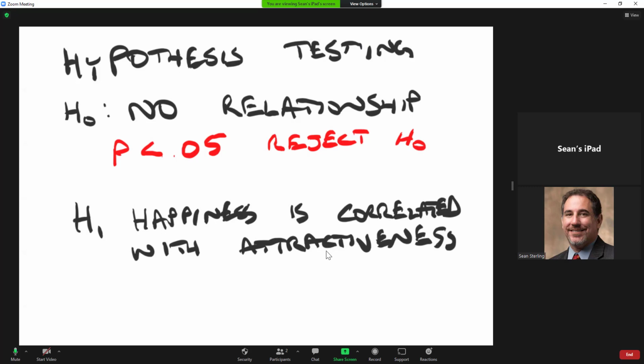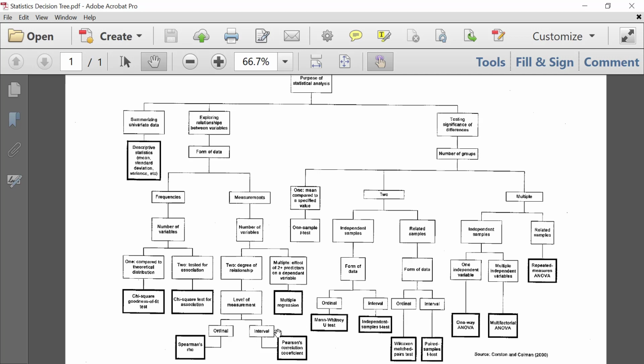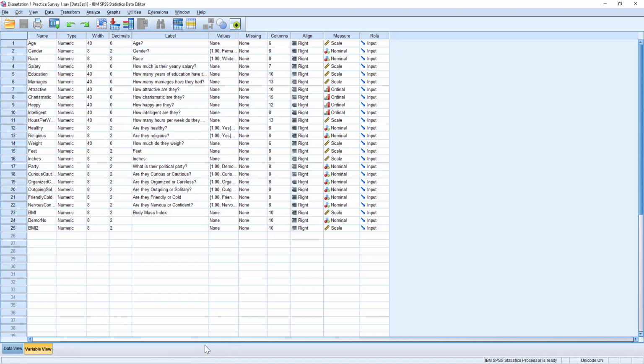Okay, if you understood that, great, and if you didn't, then let's see if it'll sink in on this last one that we're going to do. Now we're going to turn to a Pearson correlation, go back to our data, and pick two scaled variables. Let's try salary and body mass index.